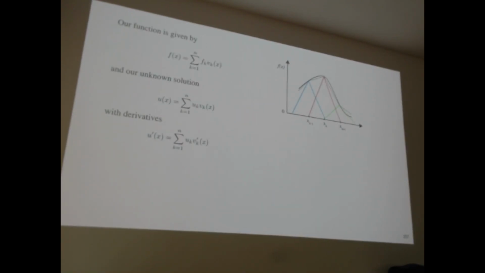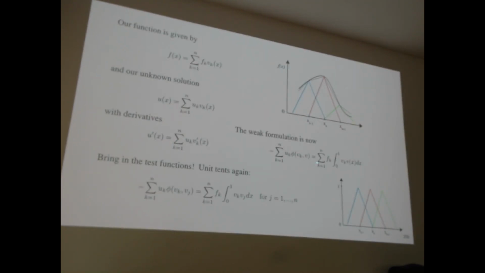And then you basically have some unknown function and you have derivatives. And because these basis functions are analytical, you can actually calculate the derivatives you need. Instead of using finite differences, the derivatives become analytical from your basis functions. So your weak formulation now is the sum of all these little tent functions.